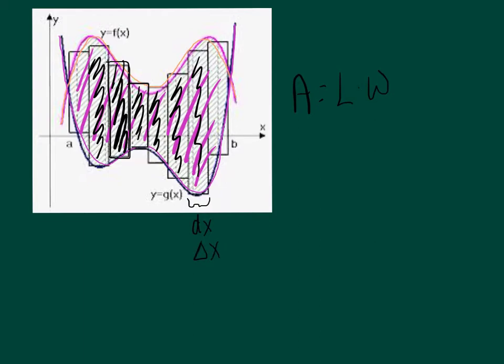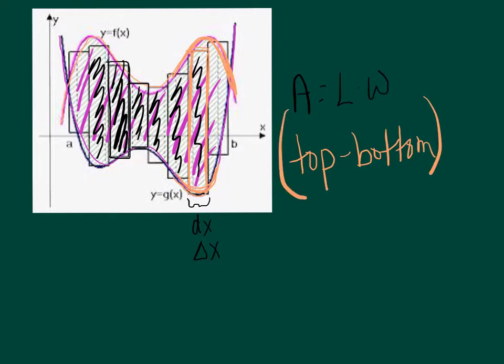The length of our rectangle is going to be the height, which is bounded by our two curves. So we take the height on the top curve minus the height on the bottom curve. We're going to take our top minus our bottom. That's going to be our length, and we multiply that by our width, which is dx.